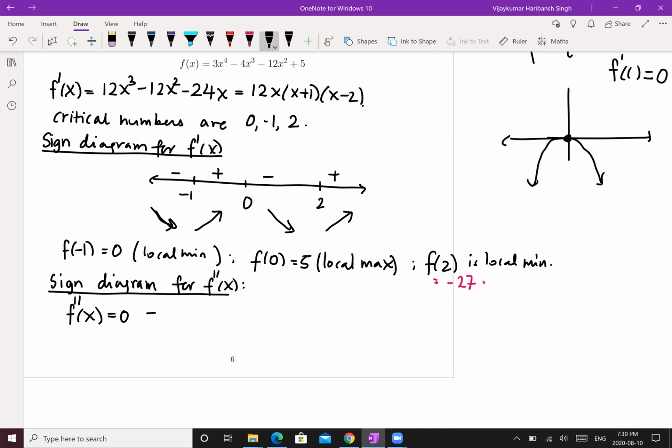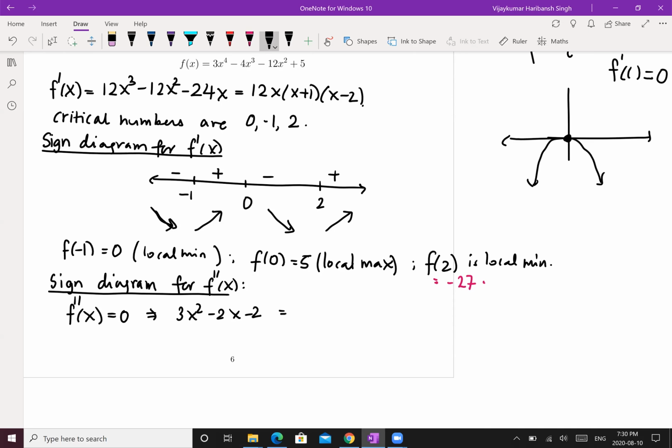What is the second derivative of this? The second derivative is 3x squared minus 2x minus 2.